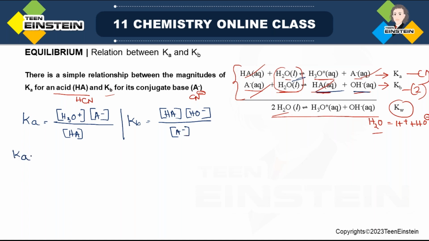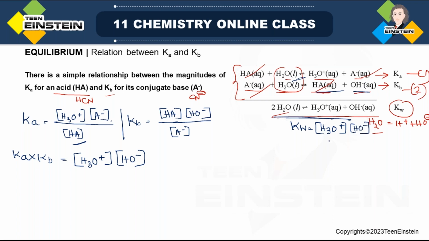Now, if you multiply Ka and Kb, some terms will be cancelled. HA will be cancelled, and A- will also be cancelled. So ultimately you are left with H3O+ multiplied by HO-. Now this is nothing but the expression for Kw, because Kw is the concentration of H3O+ times the concentration of HO-, water is not considered.